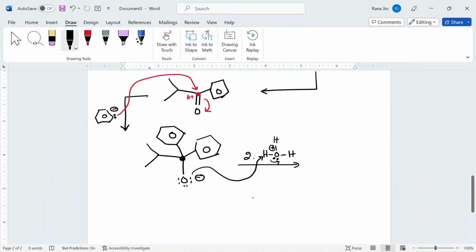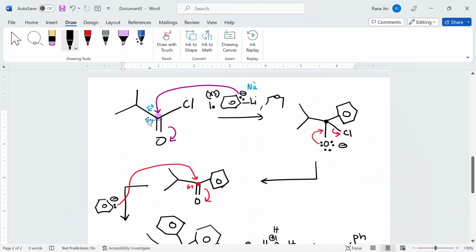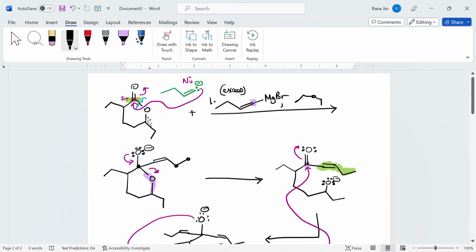This is called the protonation step, the last step in the reaction. And I'm going to end up getting a phenyl here, a phenyl there, and an OH. And this is again a tertiary alcohol. So as a summary, tertiary alcohols are made from either a ketone or an acid chloride or an ester.